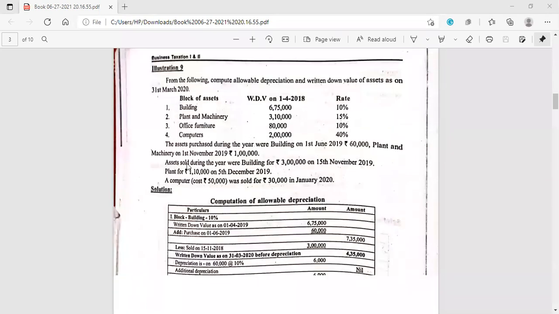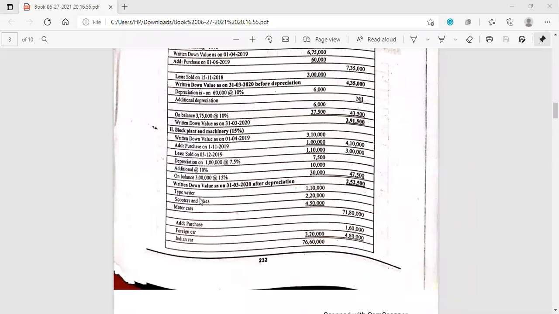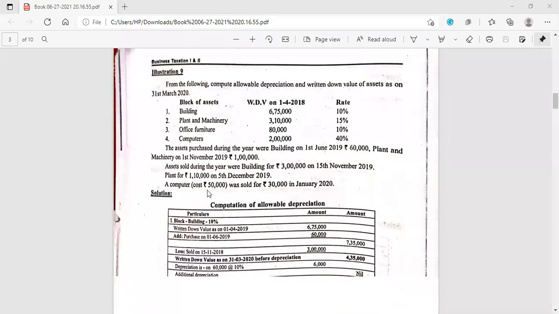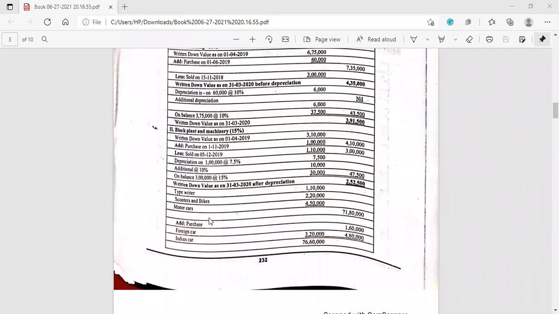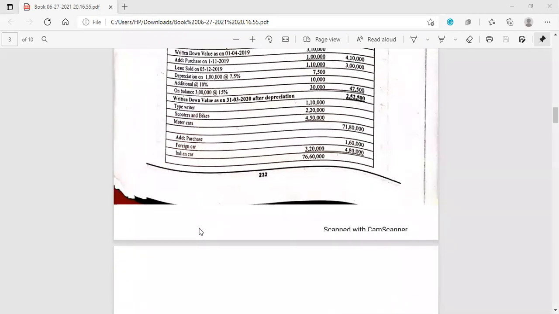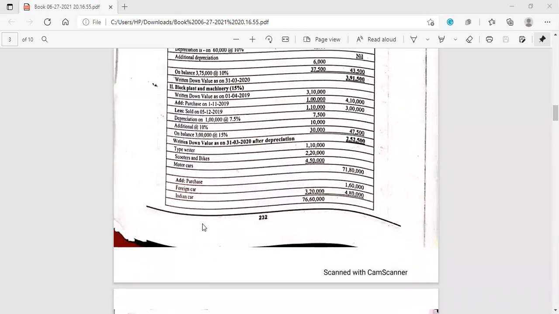Okay, the next block of asset is office furniture. A few things they have added here: typewriters, scooters and bikes, motor cars, etc. I think this is just a copy of the textbook.